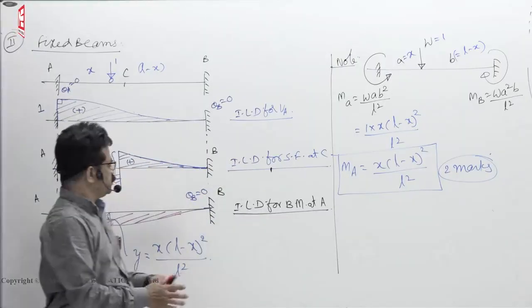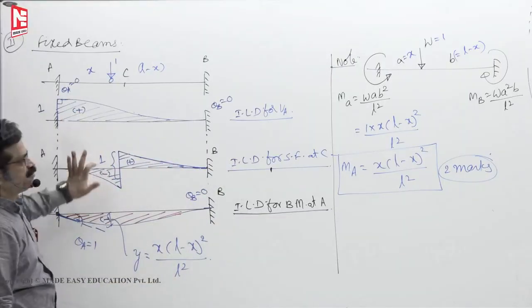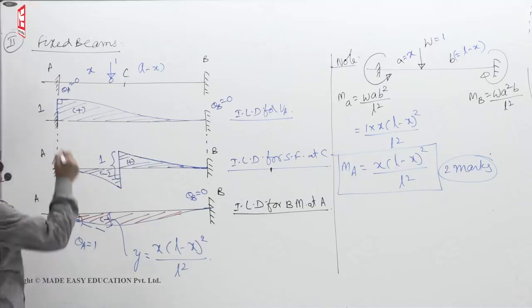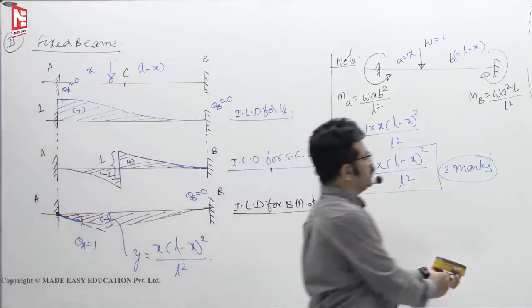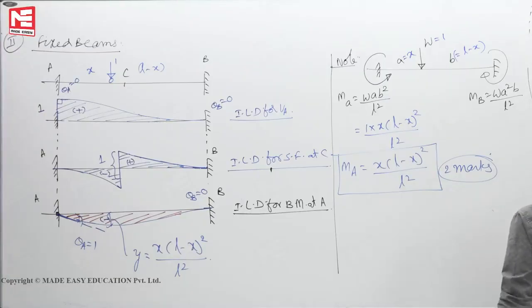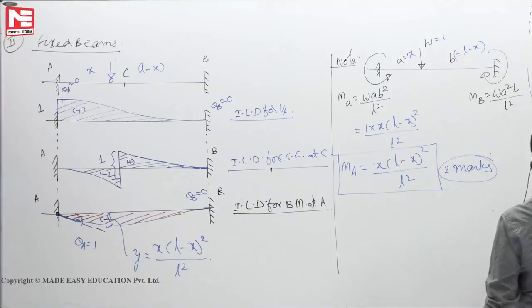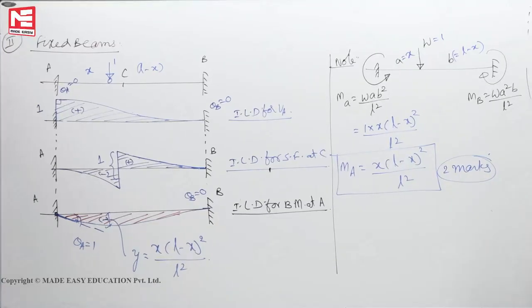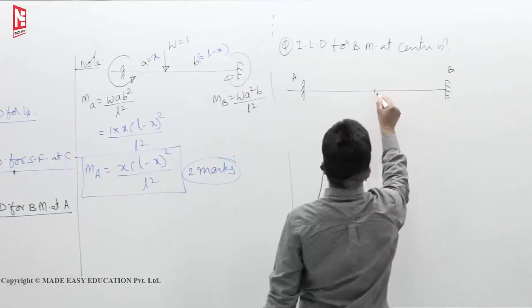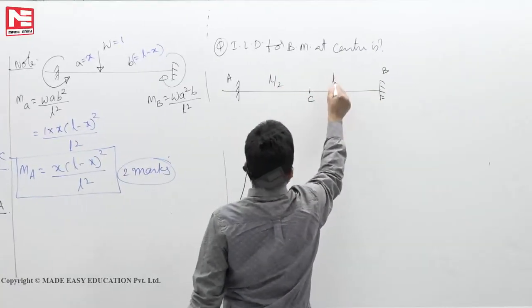That way. So this is ILD for reaction, shear force, bending moment for the fixed beams. Now if they ask you what is the ILD for bending moment at center, this point let us say A, B, this is center C, L by 2, L by 2.